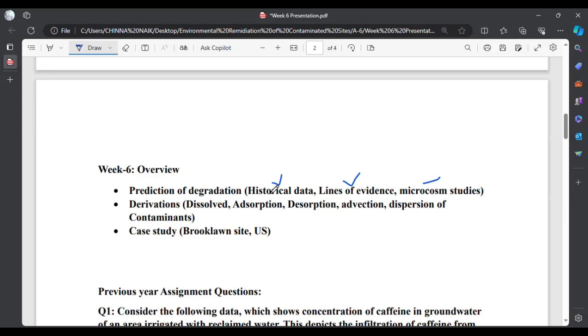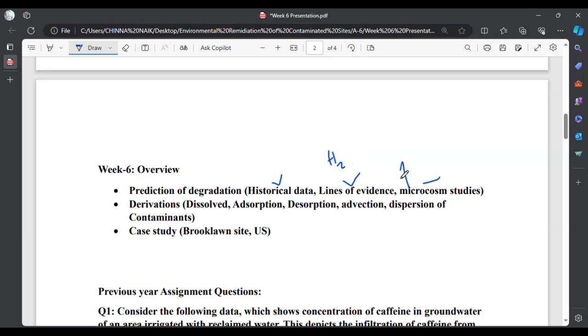Similarly, for lines of evidence, we check the byproducts. By considering the formation of byproducts, we decide whether biodegradation is occurring or not.